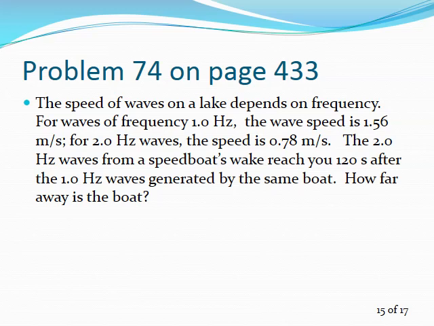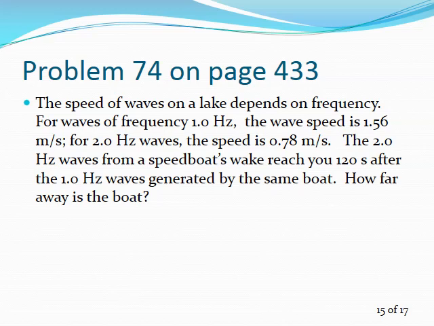How do we use this information we've just learned to help us solve some problems? Well, we'll look at problem 74 here. The speed of the wave on a lake depends on the frequency of the wave. For waves of frequency 1 hertz, the wave speed is 1.56 meters per second.